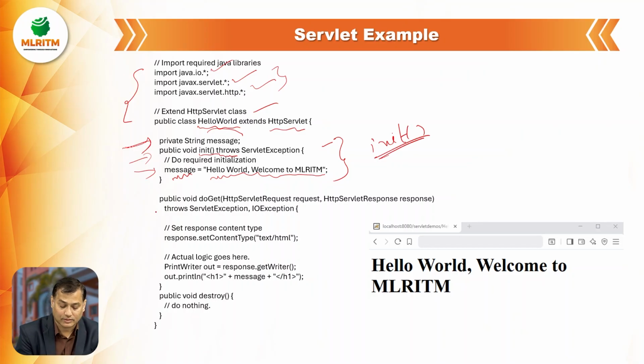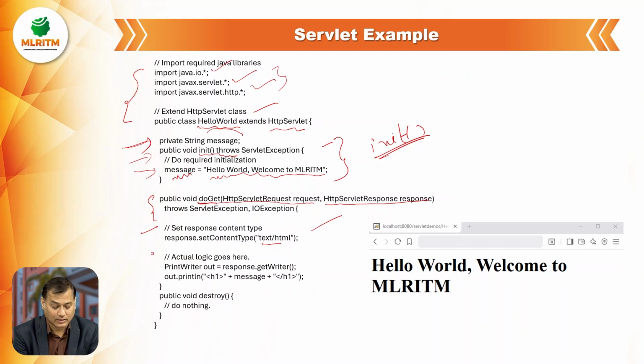Similarly there is another method. This is the signature of the service method, void doGet. This is the signature of the doGet service method of servlet, where we set the content type, whether it is an HTML type or a text type, for the response.